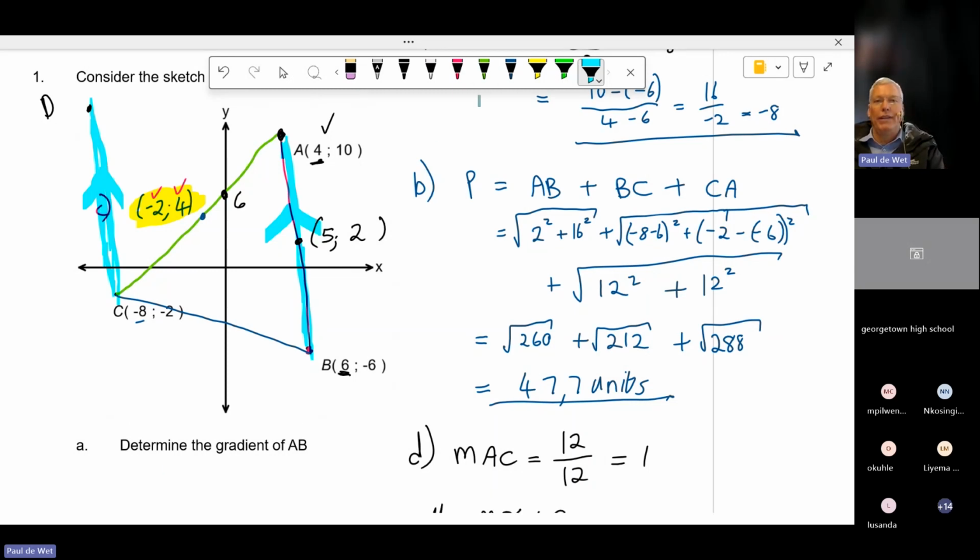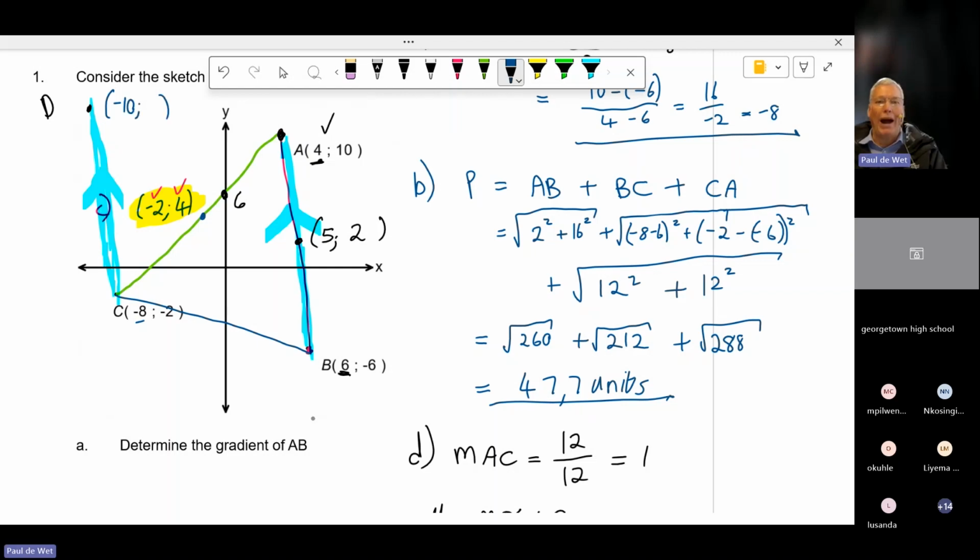Now, because they're the same, they've got the same gradient and the same length. Just listen carefully, guys, here. What happens to my x when I go from B to A? What happens to x? It gets smaller by 2. So exactly the same must happen here. It must get smaller by 2.